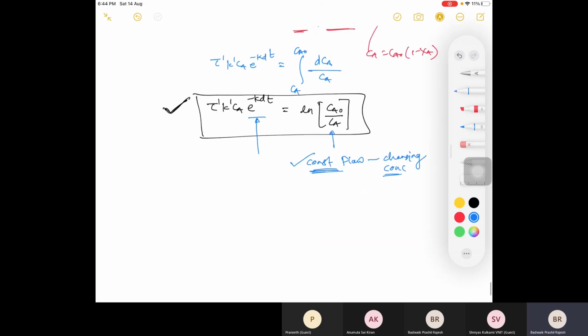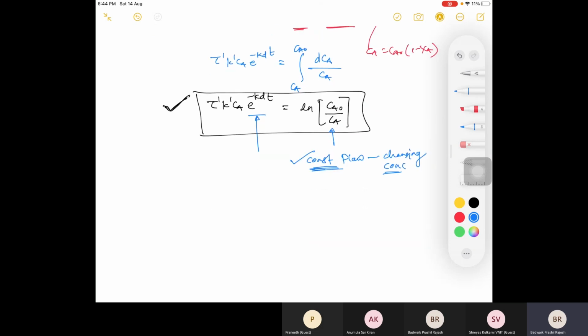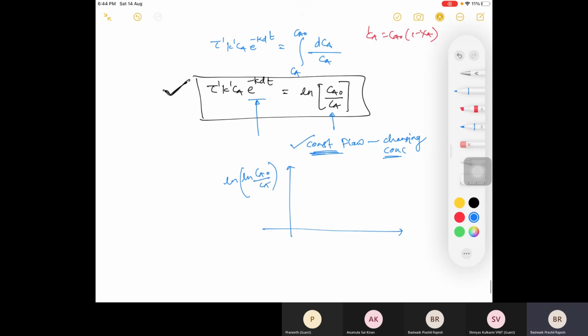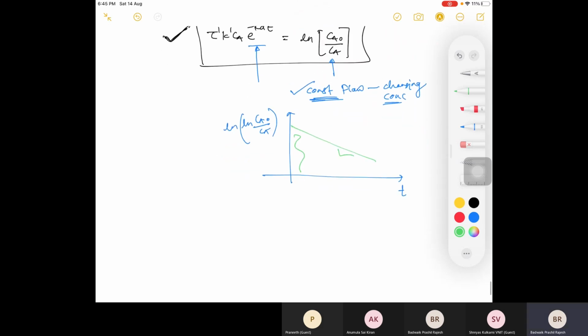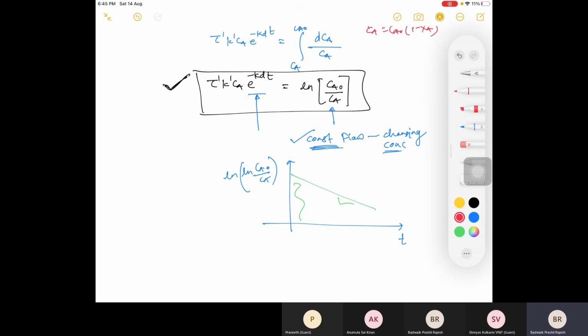That's why I'm doing a graph of concentration. You can write here directly ln of Ca naught by Ca versus t. Now you need to find what is my slope and what is my intercept. So this will be homework.